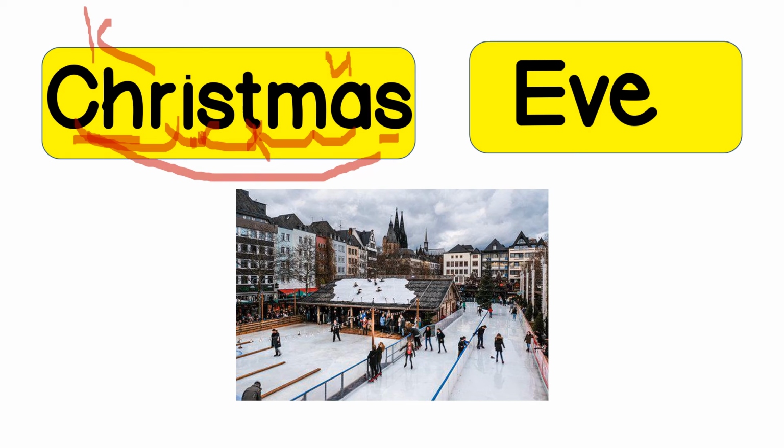All right. So now we have our first letter as a vowel, the E. So the E is going to call its own name because this E at the end that is silent gives power to this E to call its own name. So rather than saying the E sound, we say E, and then V, Eve.